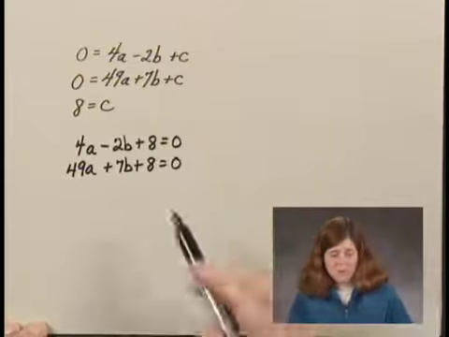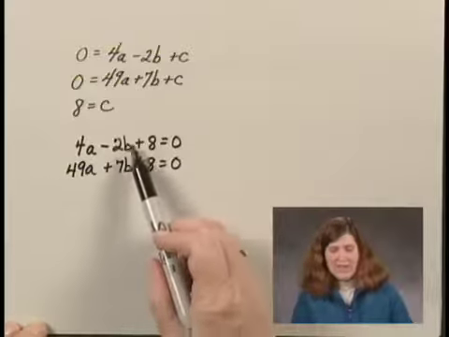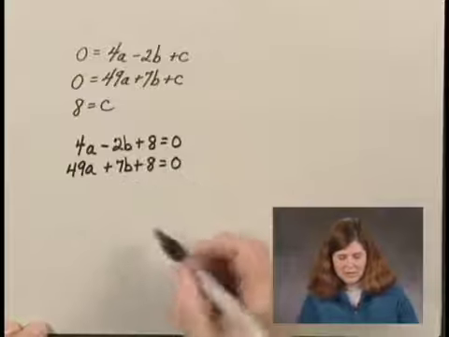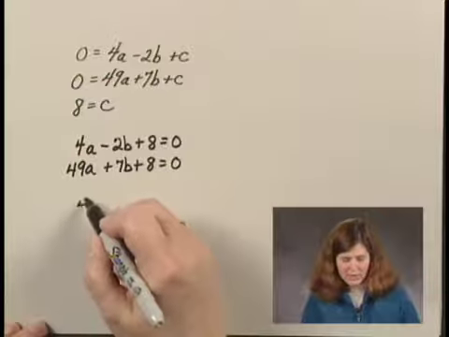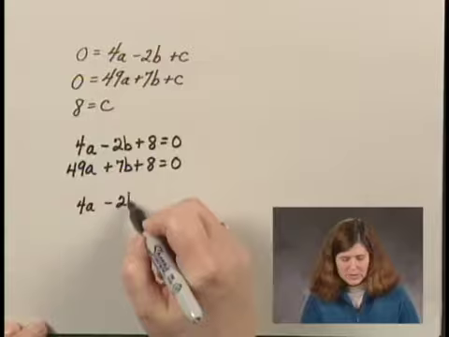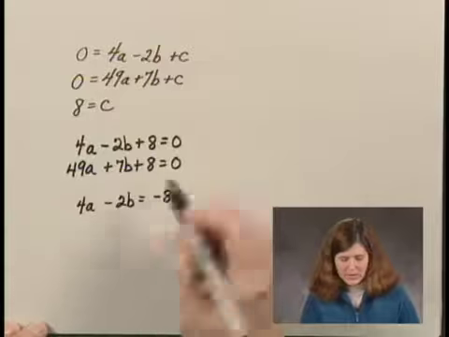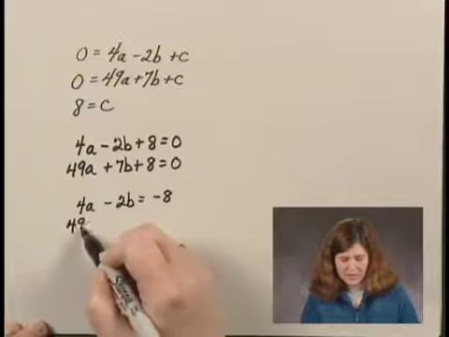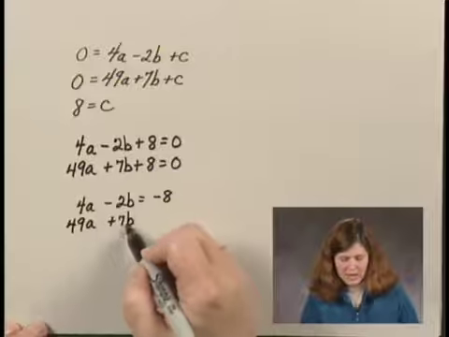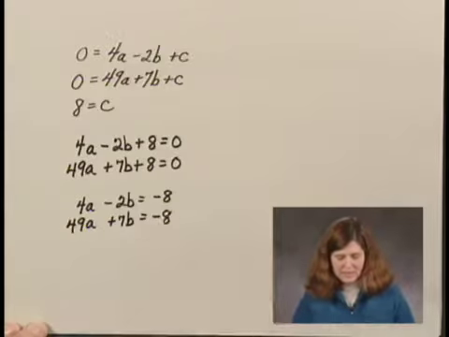Now, typically, we write the variables on the left side and the constant on the right side, so I'll subtract 8 from both sides, and I have 4a - 2b = -8, and 49a + 7b = -8.